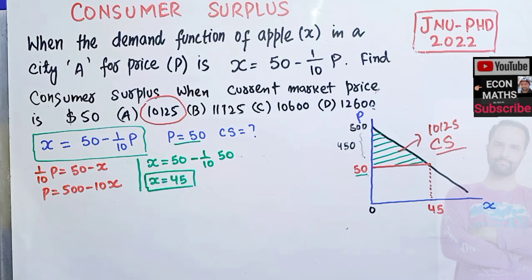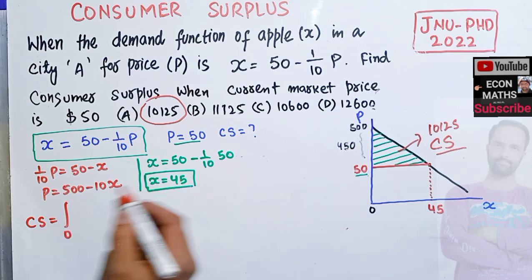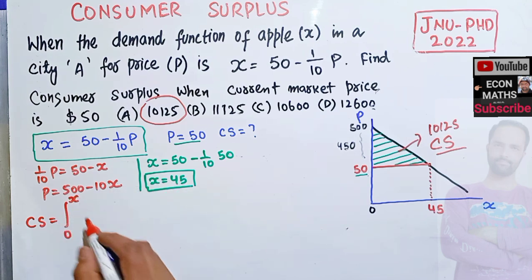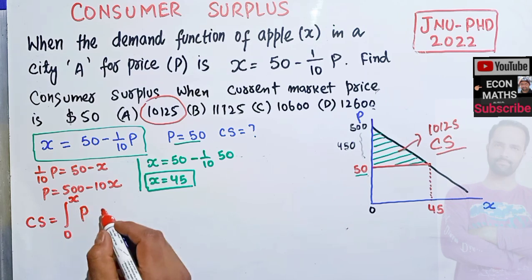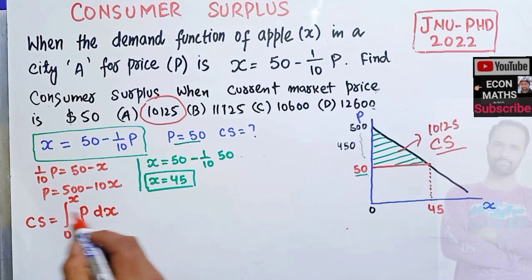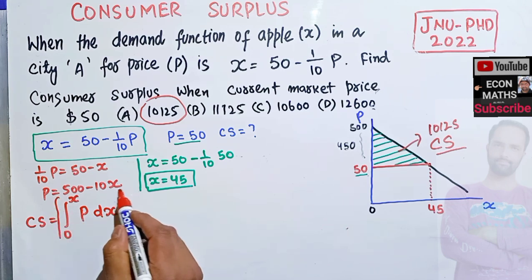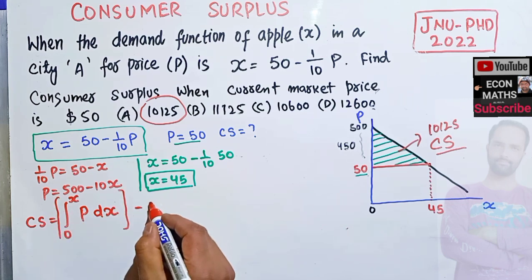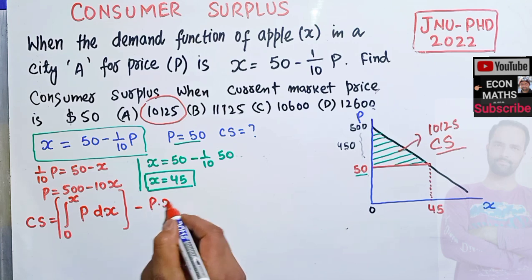So the consumer surplus, if we want to use integration, is simply the definite integral from 0 to the equilibrium quantity, which we got as x, of the inverse demand function with respect to x, and from this we subtract the total expenditure, which is price into x.